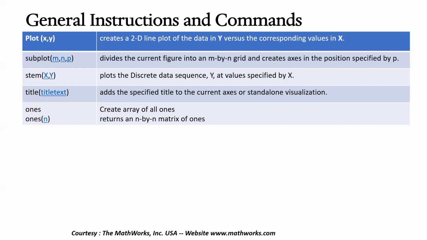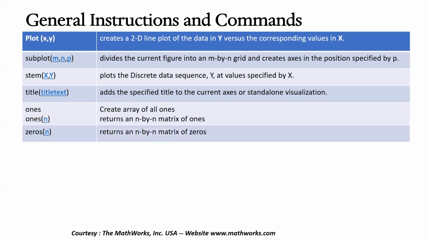Similarly, on the same note as ones, the next command, referred to as zeros, returns an n by n matrix of zeros. These particular ones and zeros are most used in representing the type of signals where we utilize, for example, the unit step, equal to 0 and 1, where the 1 value lies and where the 0 value lies.